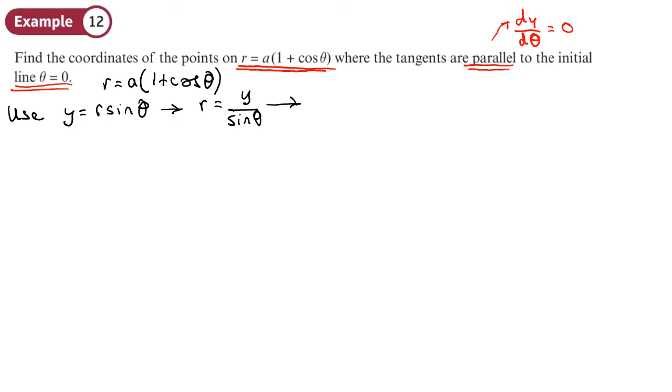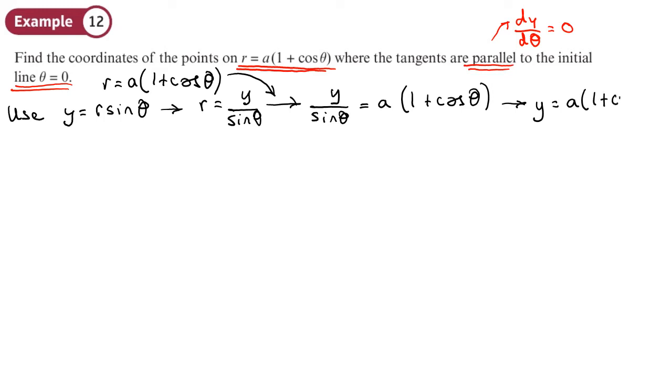I'll substitute that into the original equation, so I'll have y over sine theta equals a(1 plus cos theta). So we'll times both sides by sine theta, and we'll get y equals a(1 plus cos theta) times sine theta.